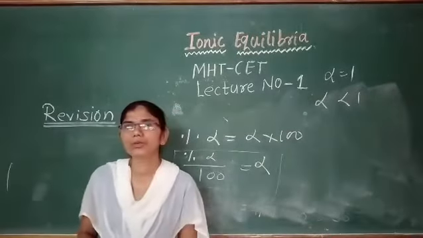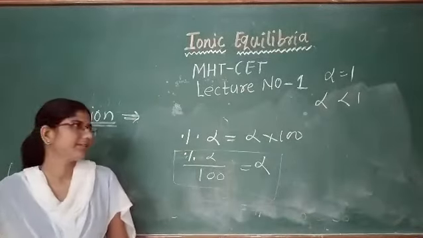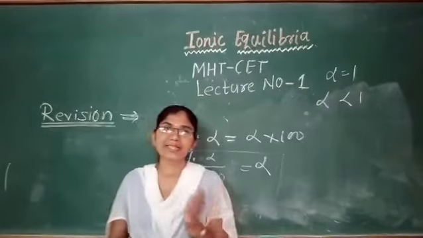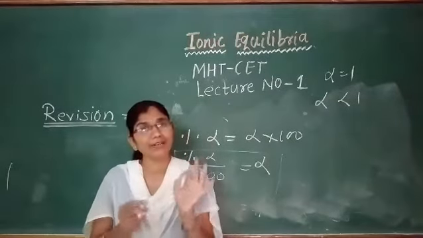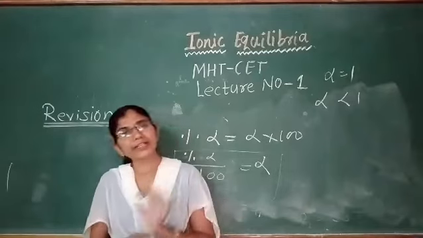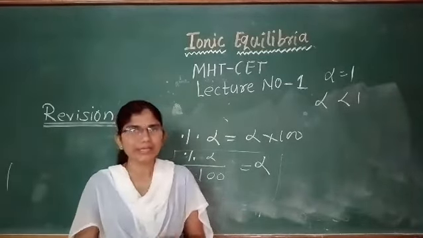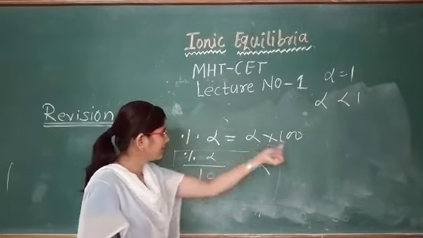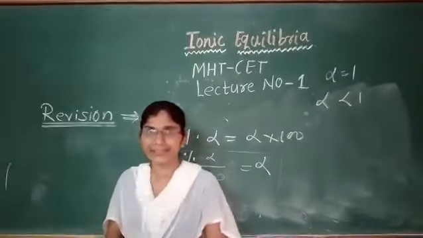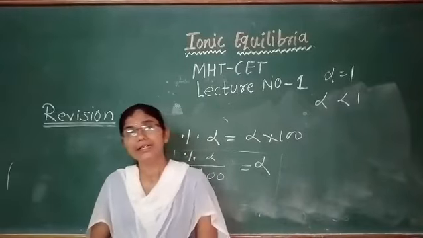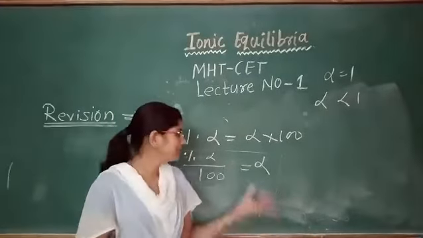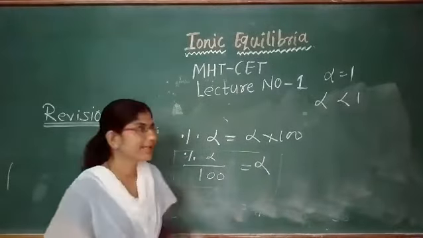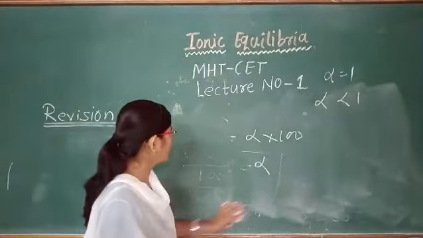So if we have the percent alpha and want to calculate the degree of dissociation, the formula is alpha equal to percent alpha divided by 100. This formula is very important from the exam point of view.